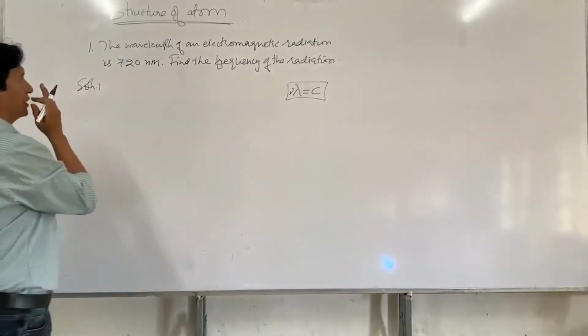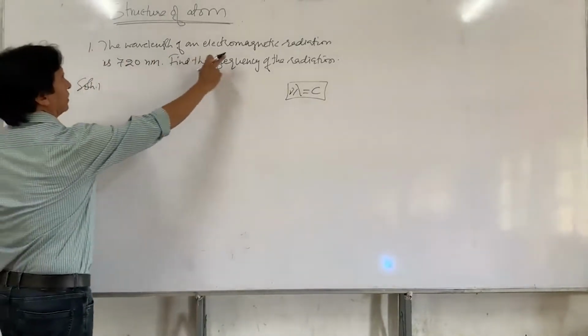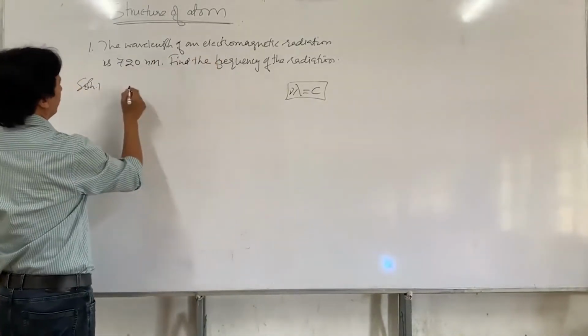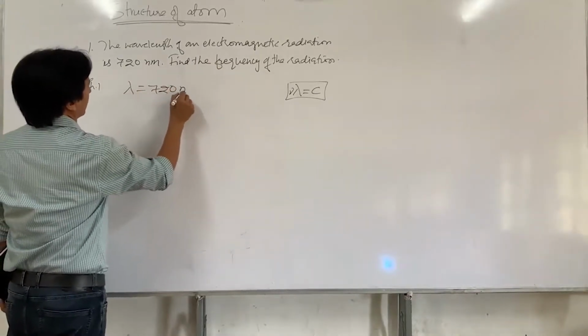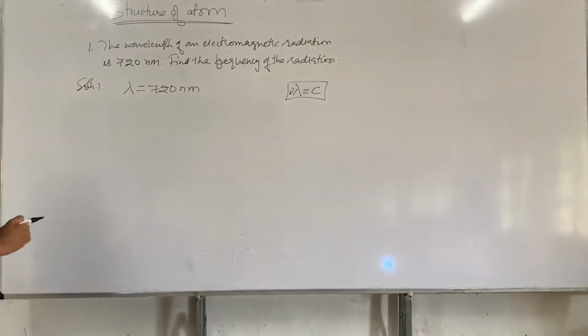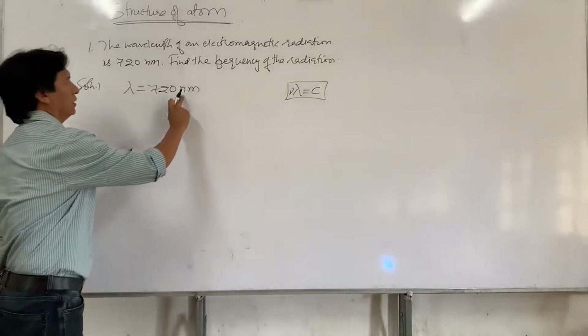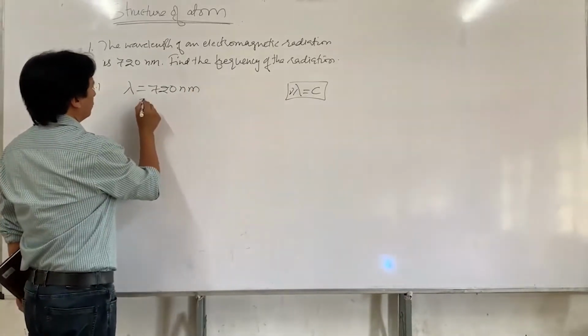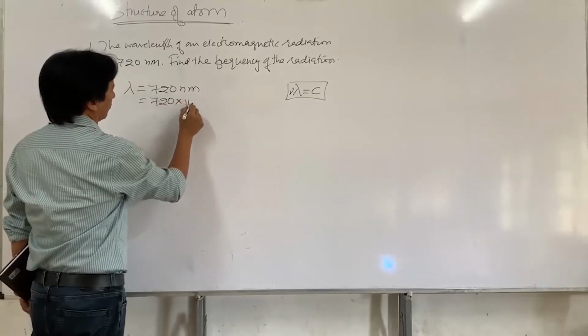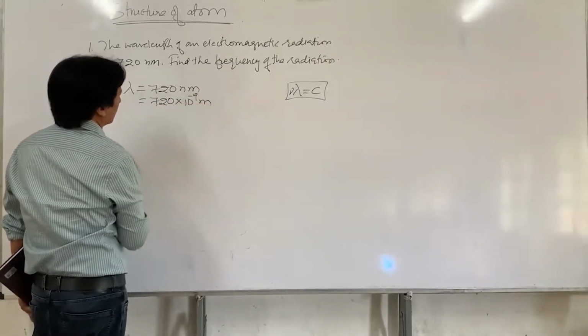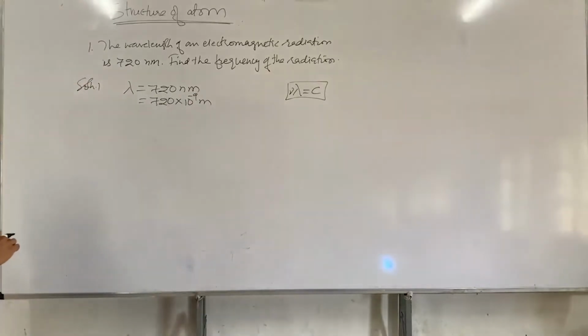So you can use this expression here. What you're given here is the wavelength of the radiation, denoted by the symbol lambda, which is equal to 720 nanometers. Then you will change this nanometer into meter. 720 × nano is 10^-9 meters. So you can leave it like this for the time being.